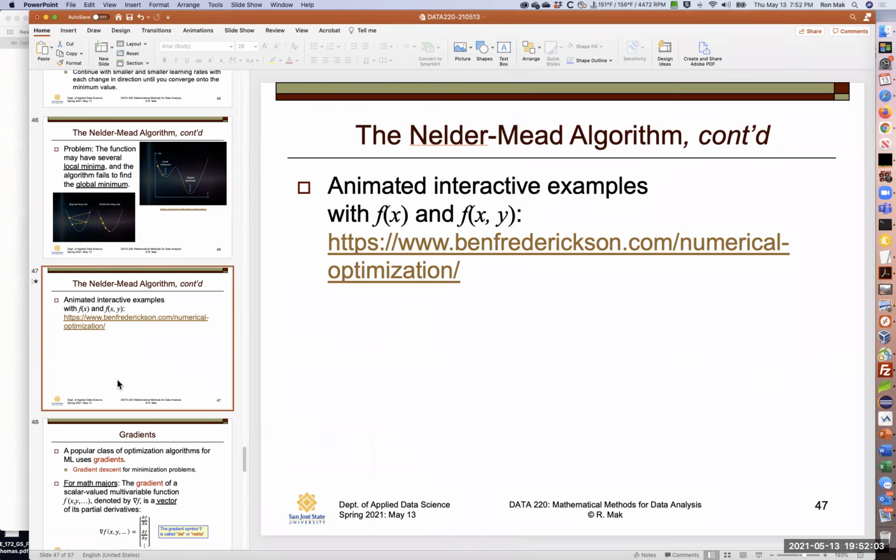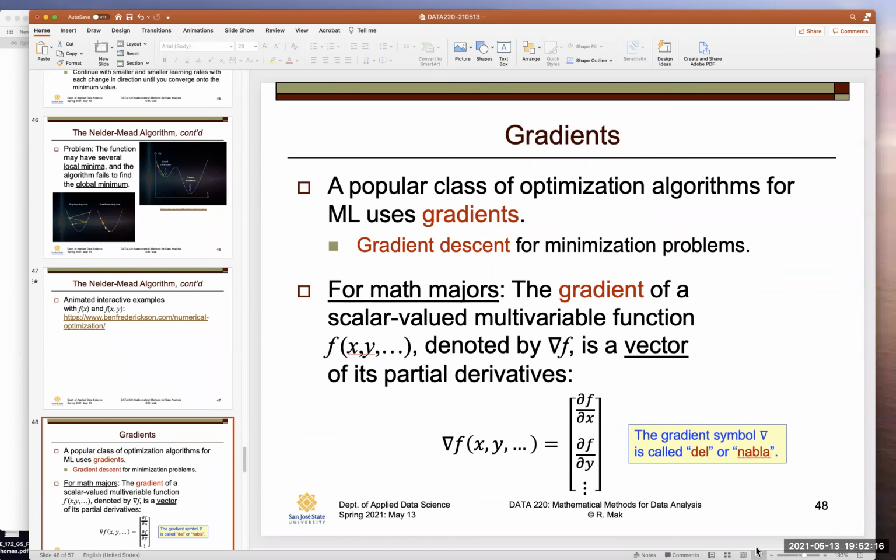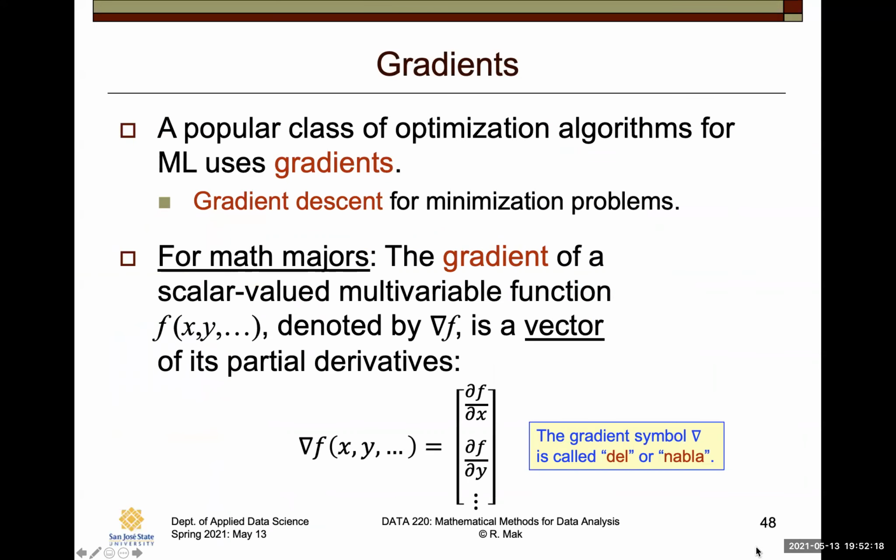So now, gradients. This gets into some pretty advanced, well, not advanced, say second-year calculus. But don't worry, I'm not going to sick the calculus on you other than to show you this. Another popular class of optimization algorithms uses gradients.